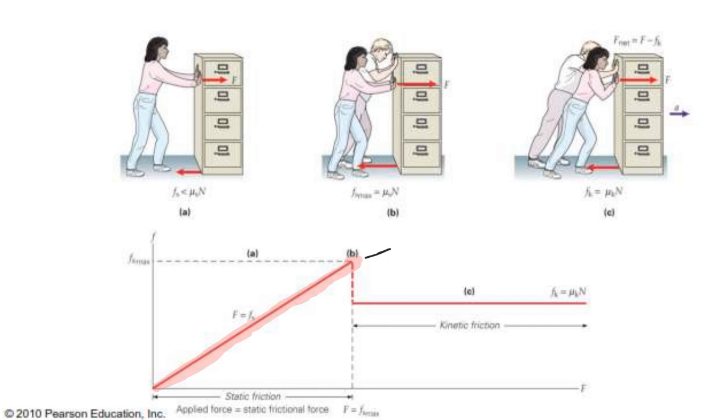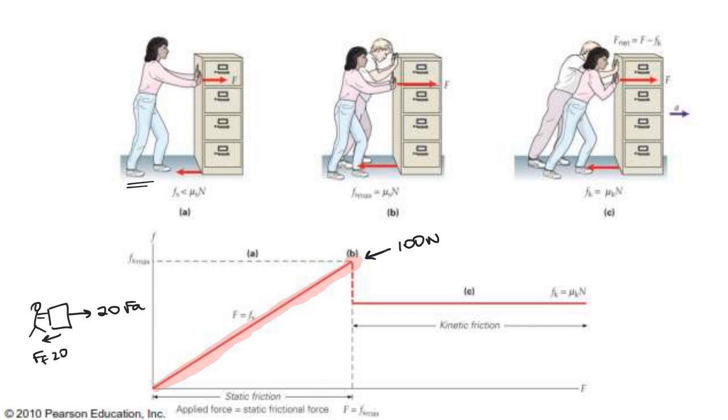Let's say, for example, that it takes 100 newtons of force to overcome the friction of an object. What that means is that as you start pushing, let's say this person is pushing with a force of 20, the friction acting back on her is only going to be 20.